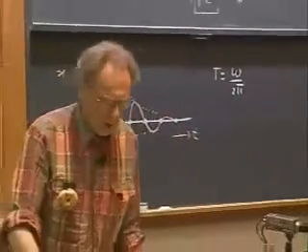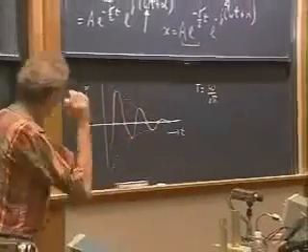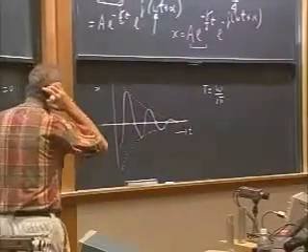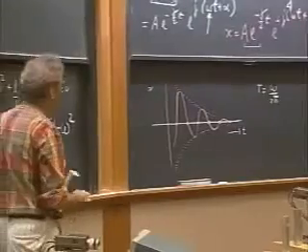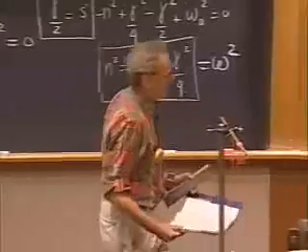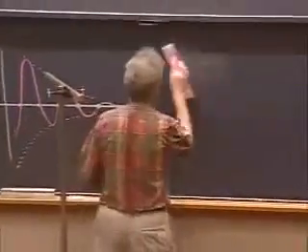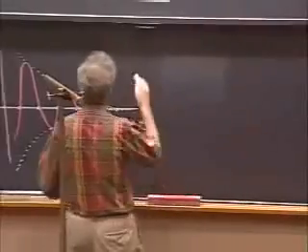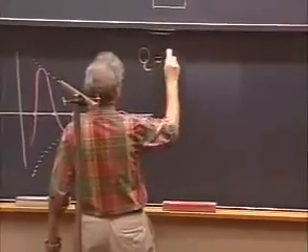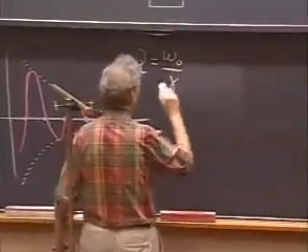It is not uncommon to introduce a quality factor, Q, that is high if there is little damping, and that is low if there is a lot of damping. And that Q, which is dimensionless, is omega 0 divided by gamma.